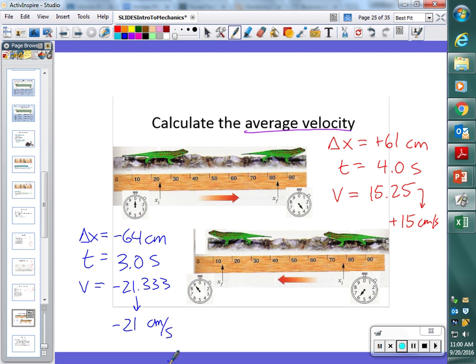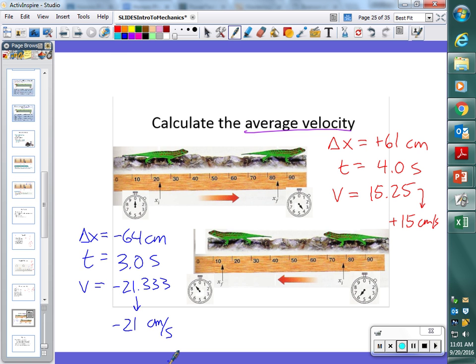Speed tells us what? Distance traveled. And time. Okay, the ratio between distance traveled and time. In everyday person words, speed is telling us what? Not like the physics definition.